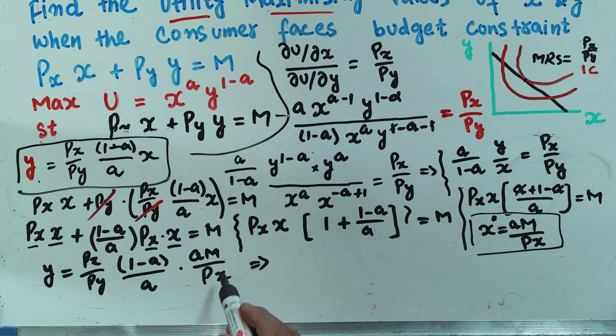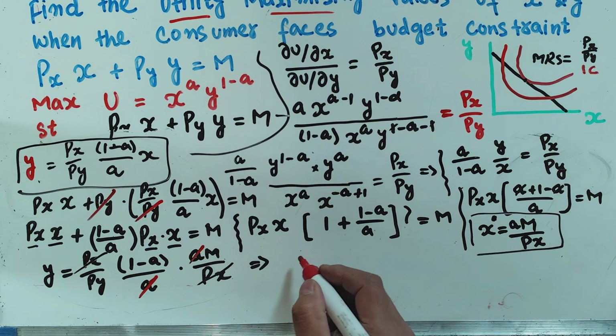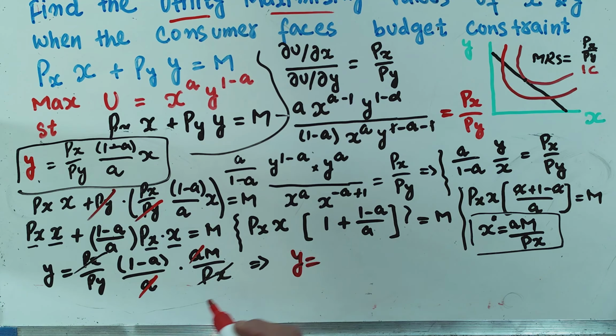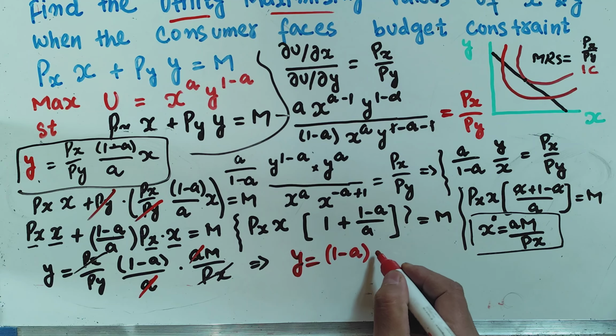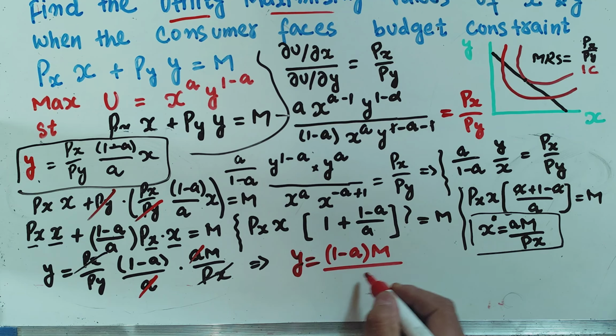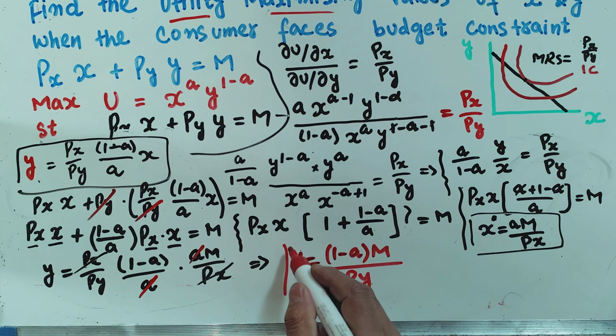Solving further, price of x gets cancelled, a and a gets cancelled. That gives us y will be equal to 1 minus a times m divided by price of y. This is the demand function for good y.